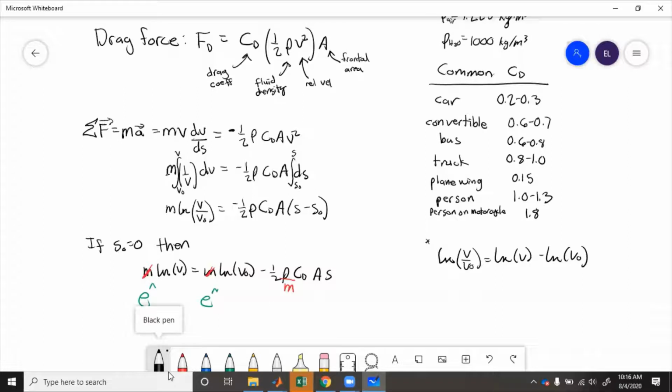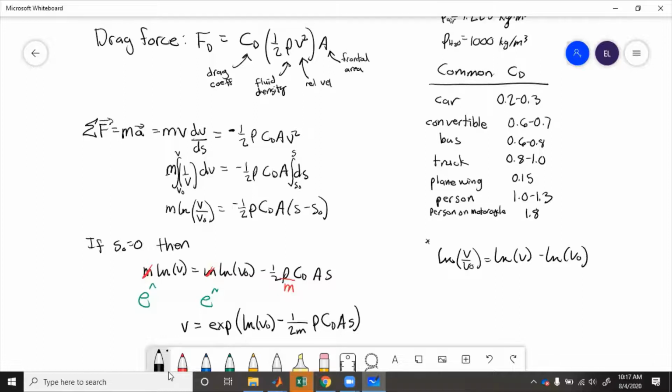And then we get v equals exp, which is the exponential function, of natural log v initial minus 1 over 2m times rho CD A S. So really, this is going to be like an exponential curve.